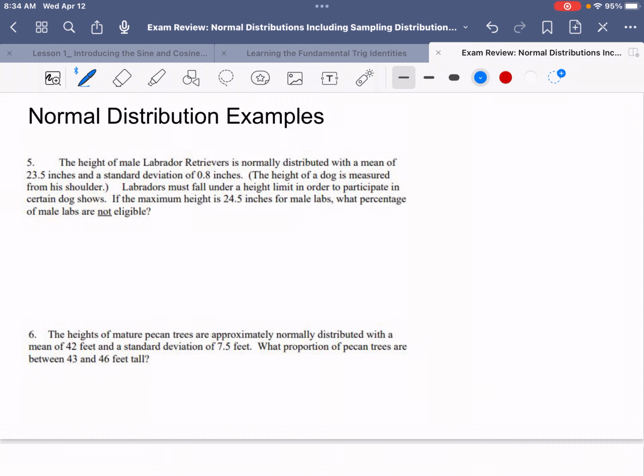Okay, so this problem is asking us to solve a normal distribution, a normal curve problem. Now, if this was a multiple choice question, then feel free to just call up that normal CDF command and punch the buttons, press enter, and select the correct answer choice.